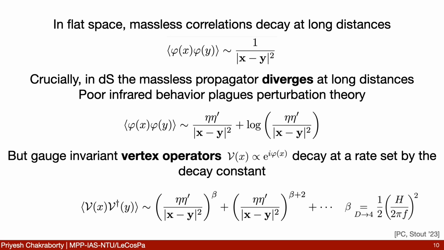Notice that these operators are highly composite, and therefore their scaling at long distances is something that cannot be mimicked by any free field, which is to say this beta can be a small number, but it can also be large. If it's small, then its behavior is more and more similar to the behavior of a free field, but this number is only small when f is much larger than H, which is to say the circumference is so large that physics in de Sitter doesn't really care about the periodicity.